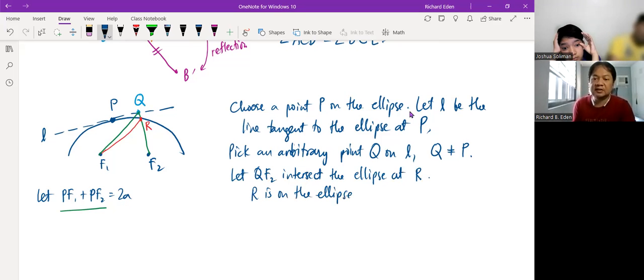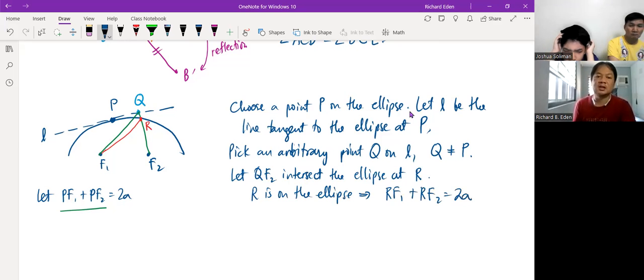And so that means, just like point P, the sum of the distances of R from the two foci is 2a. So RF1 plus RF2 equals 2a.